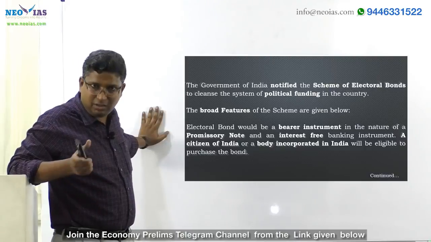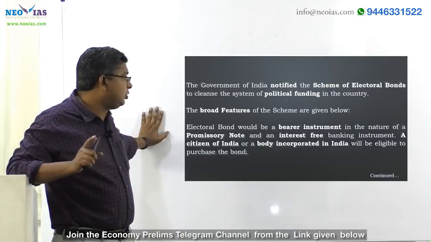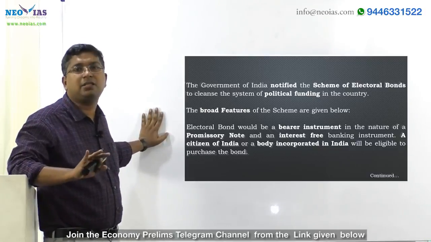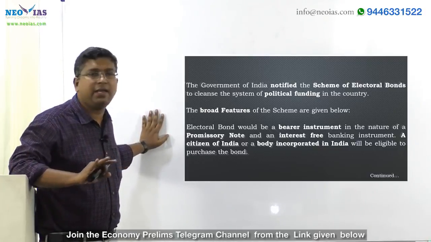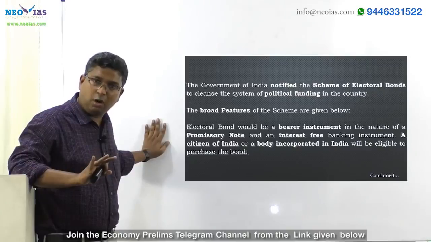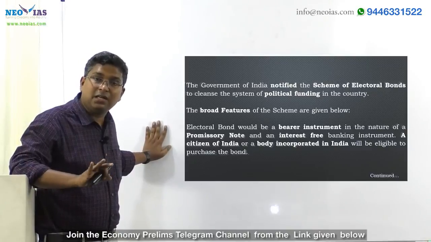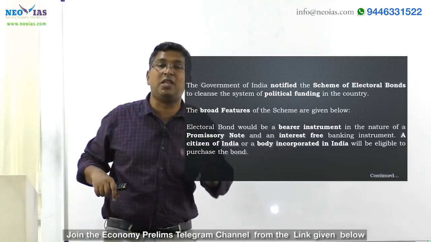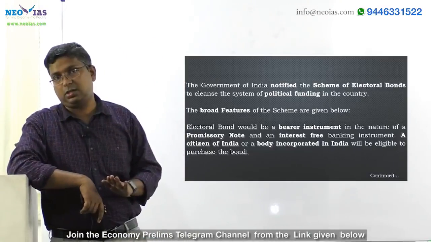Even though it is termed a bond, it does not provide any interest. It is not an interest bearing instrument; it's an interest free banking instrument. That's a very key word.